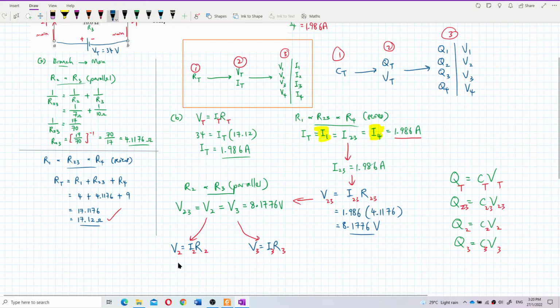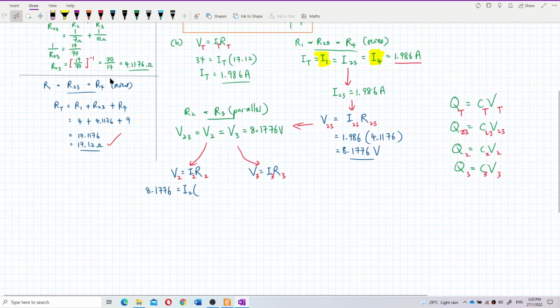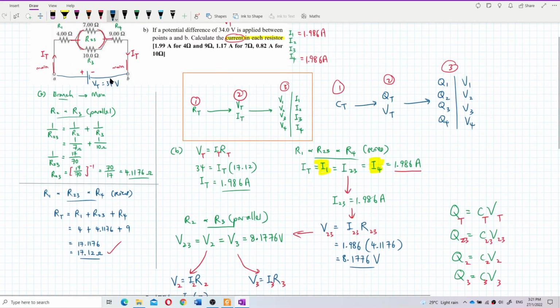So voltage 2 is 8.1776 volt. Current 2 and then resistor 2. What is resistor 2? Resistor 2 is 7 ohm. So put in the 7 ohm and current 2. So let's calculate 8.1776 multiply 7. I got the answer, current 2 is, wow, it's quite a big value.